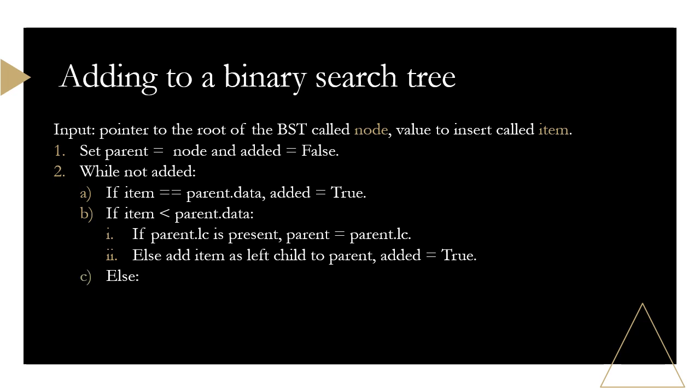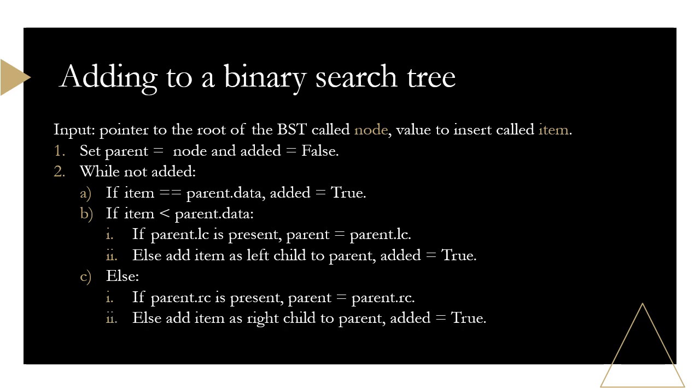The third case of while deals with the condition when item is greater than parent.data. In this case, we check for the right child, and if the right child is present, then we update the parent variable to right child of the parent.